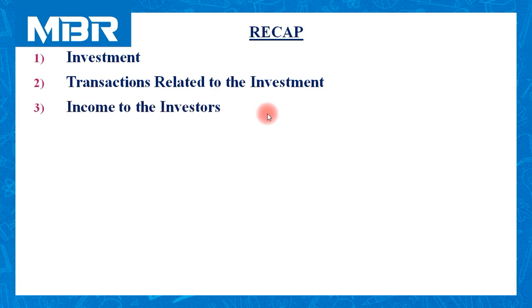Third, income to the investors, or you can say objectives for investment. Fourth, understanding the mechanism of buyer, seller and broker, and specifically the role of broker in transactions related to purchase and sale of investments.